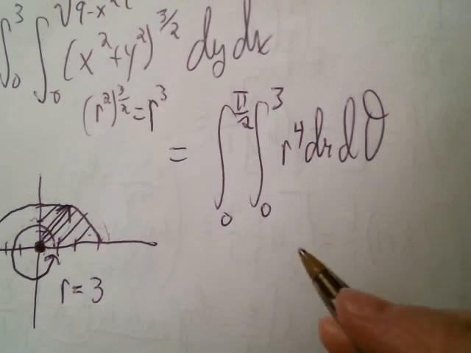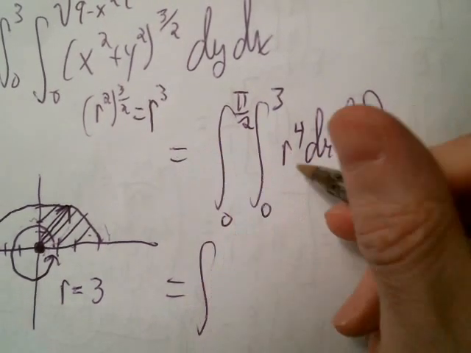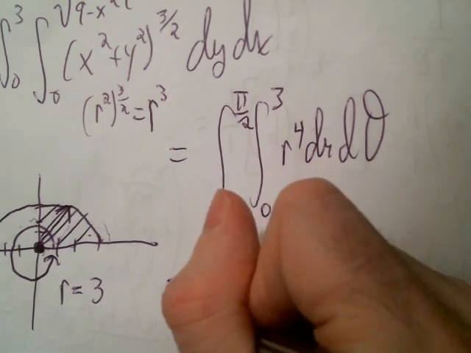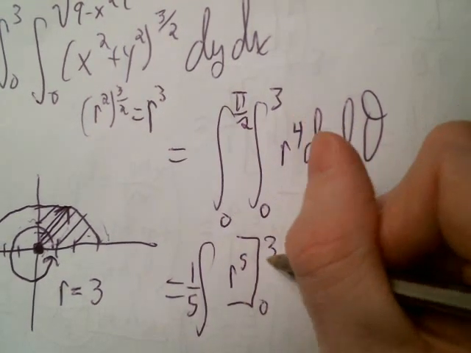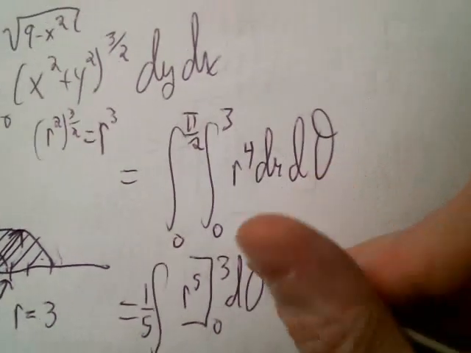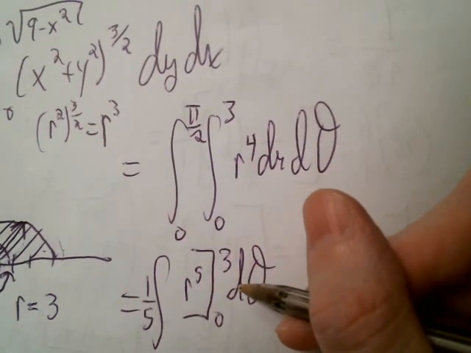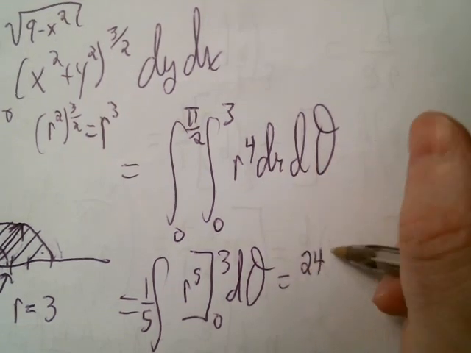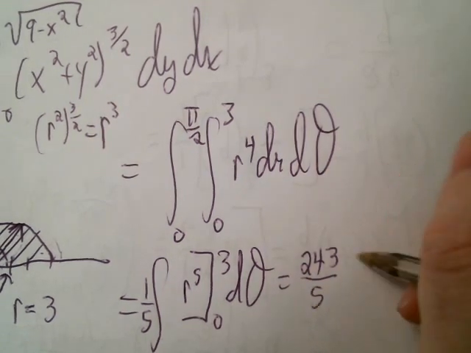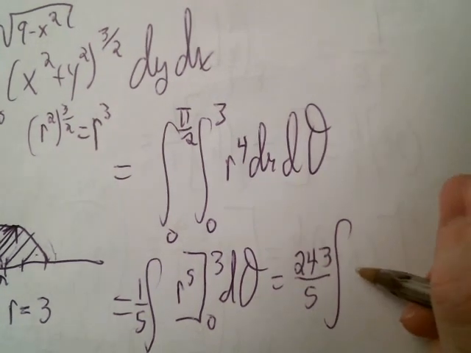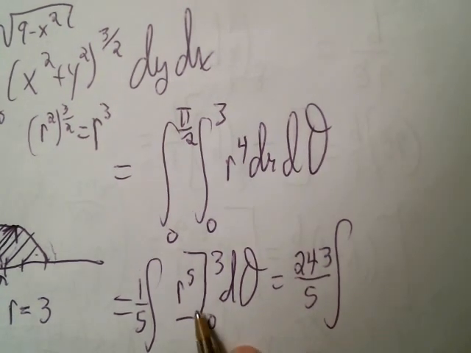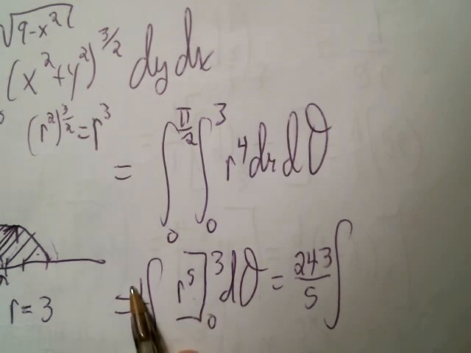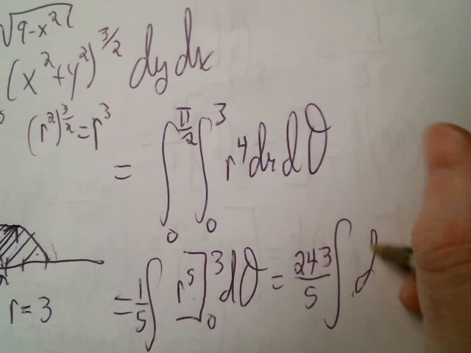So then I'm going to integrate the r to the 4th. It gives me r to the 5th over 5. You can pull out the 1/5 if you want. And I'll have 0 to 3 d theta. 3 to the 5th is 243. I looked at my notes, I don't have that memorized. So 243 over 5, 243 minus 0, and then you can factor out the constant, so it's 1 d theta.